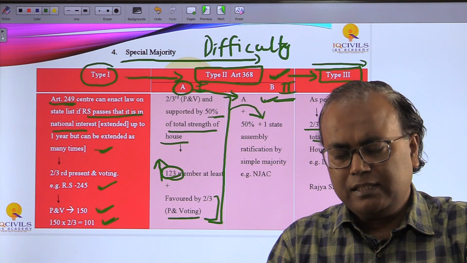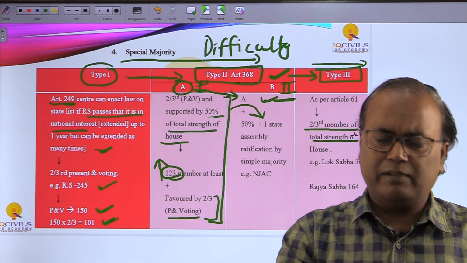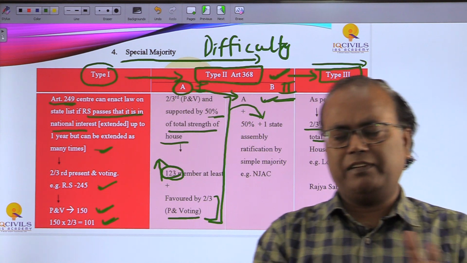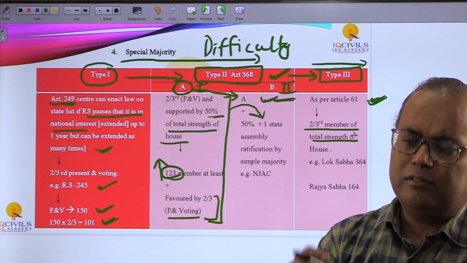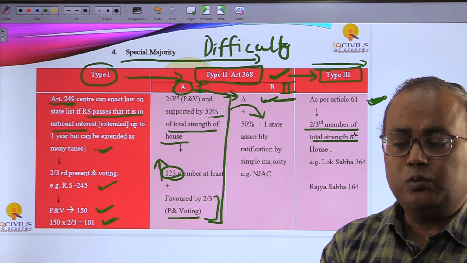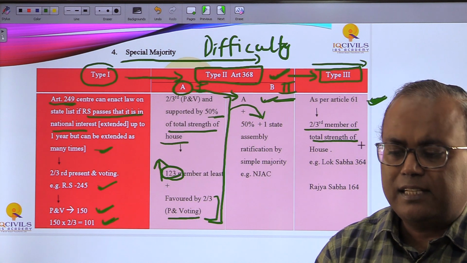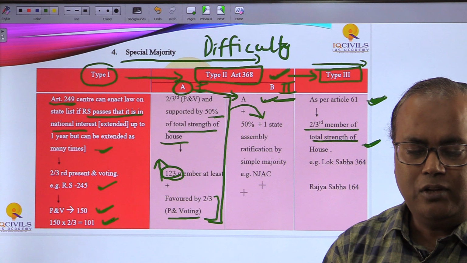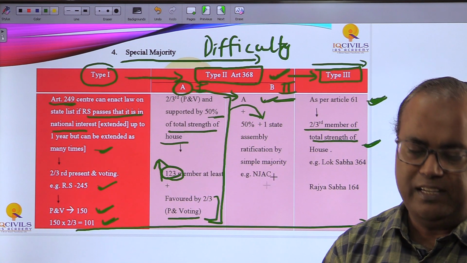So whether it is a casual vacancy or a regular vacancy, it hardly matters. What we require is 2/3 of the total strength of the house. So once you keep on moving from this to this, it becomes difficult.